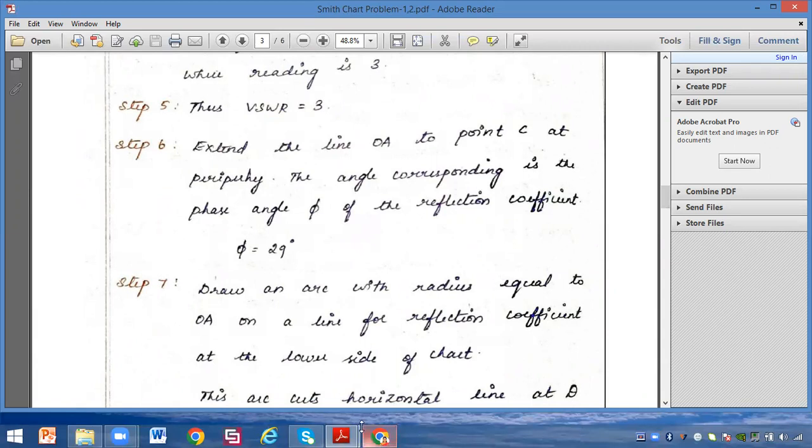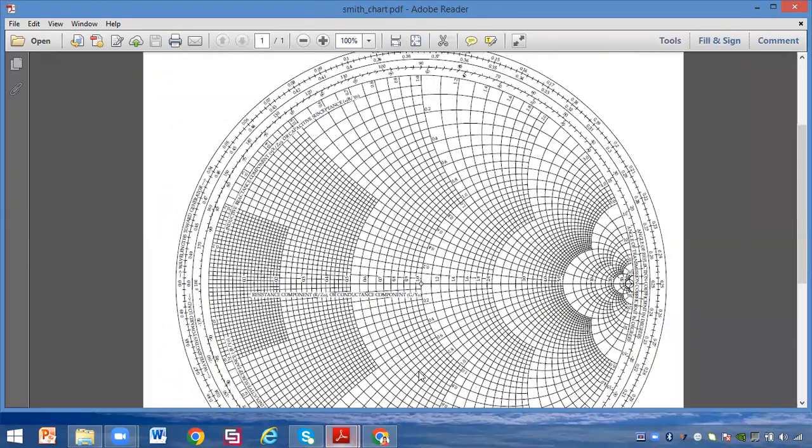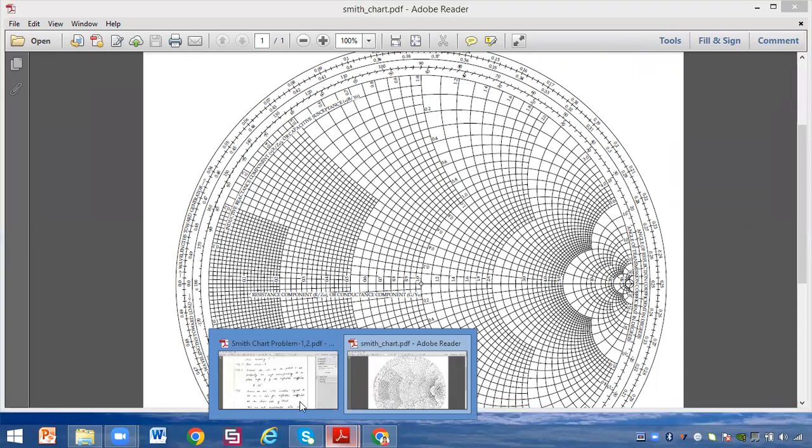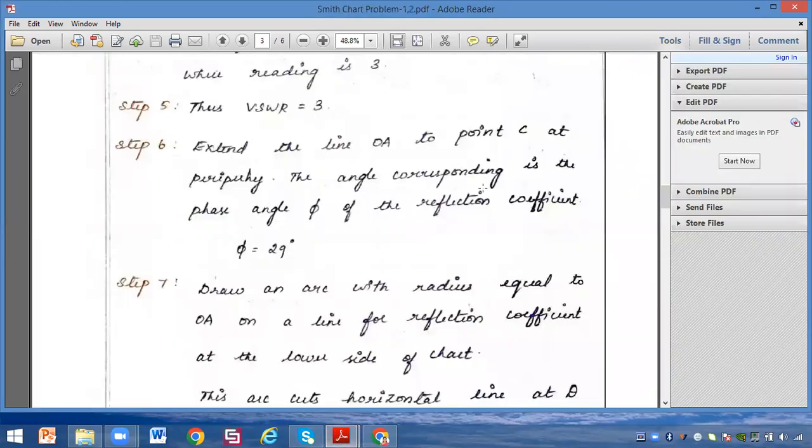OA is the radius, so you extend it to the periphery. On the third circle, the phase angle of the reflection coefficient, if you extend to the periphery, is 29 degrees.